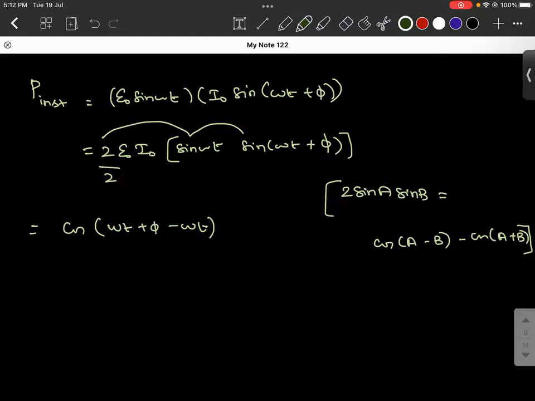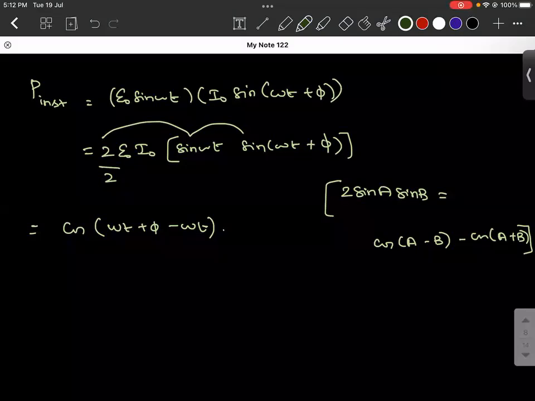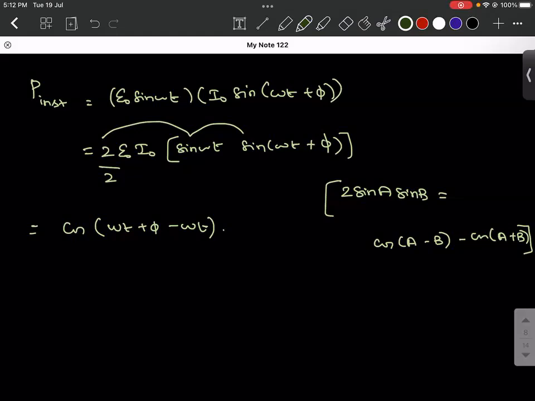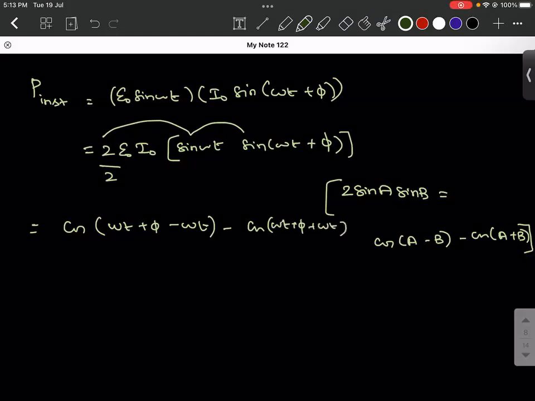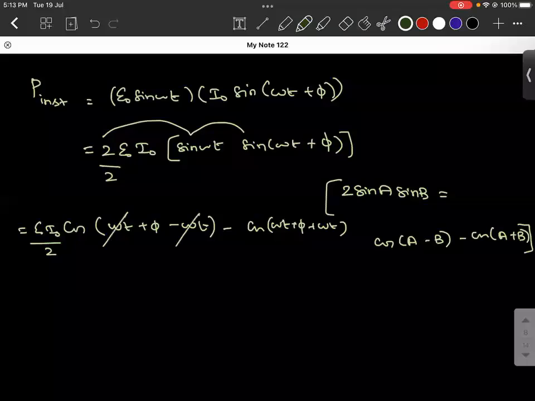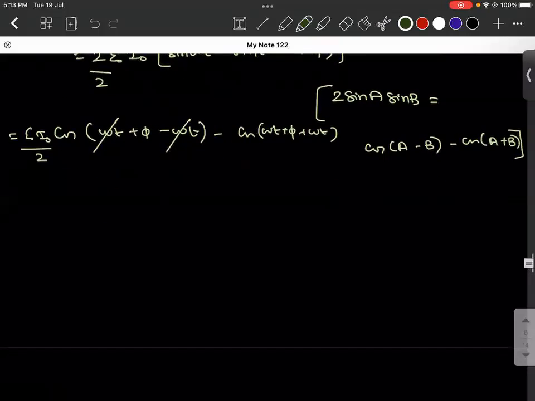So it will be E naught I naught by 2 into cos of omega t plus phi minus omega t, minus cos of omega t plus phi plus omega t. Is that point clear?